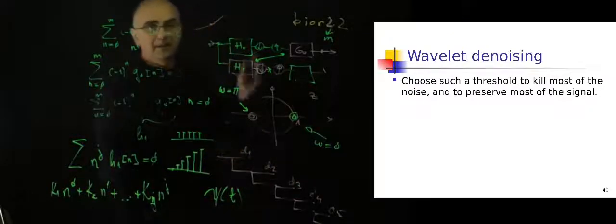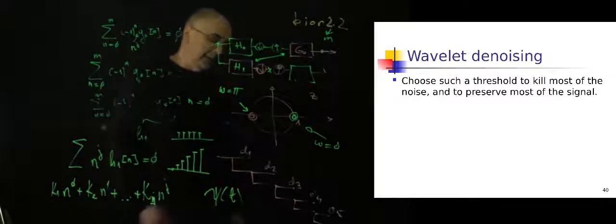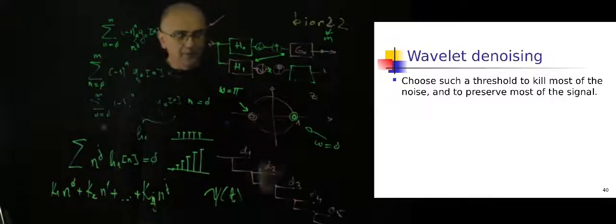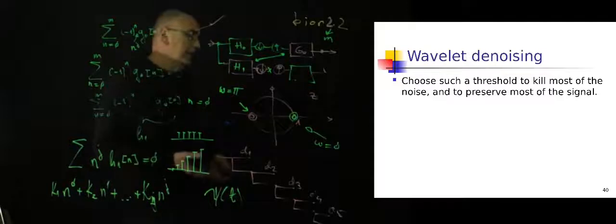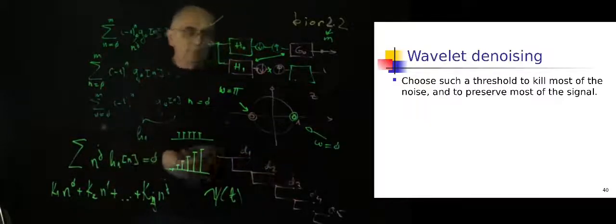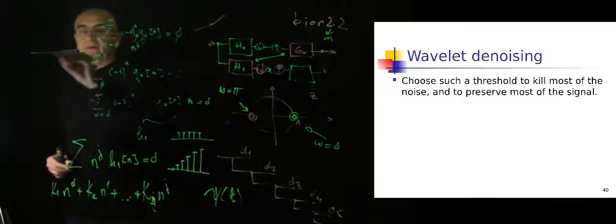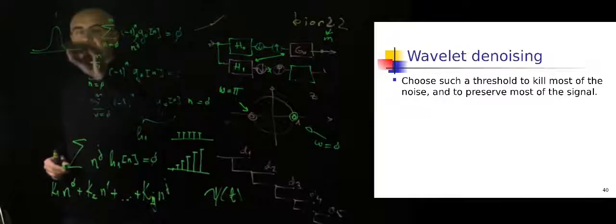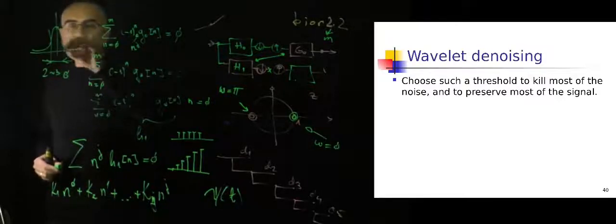I mean, there are many papers that are dedicated to the choice of the proper threshold. A lot of statistics is in there, but still I can say that if you have, let's say, a Gaussian distribution of the noise, you can just start from, let's say, 2 or 3 sigma, where most of the noise is.